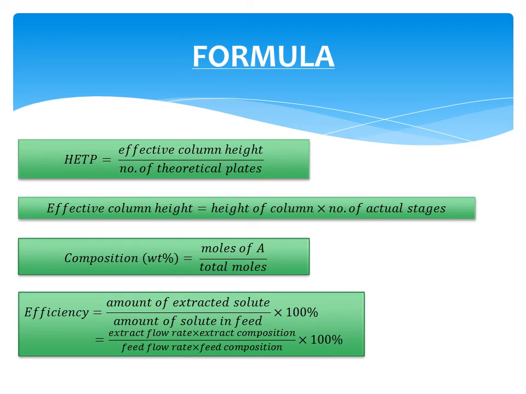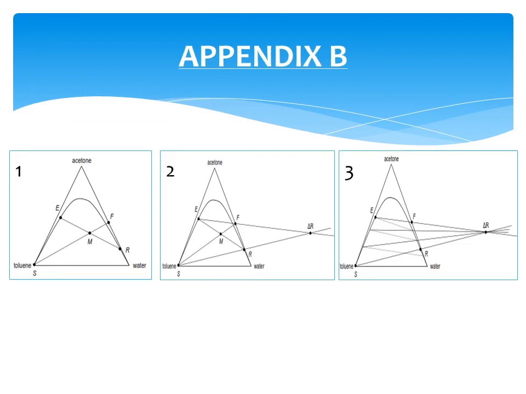The composition can be calculated by dividing moles of A by the total moles. Efficiency can be calculated by dividing the amount of extracted solute by the amount of solute in feed and then multiplying by 100%. The data also can be calculated by using the provided Appendix B.